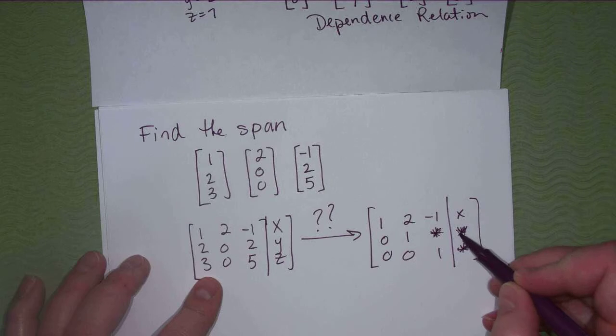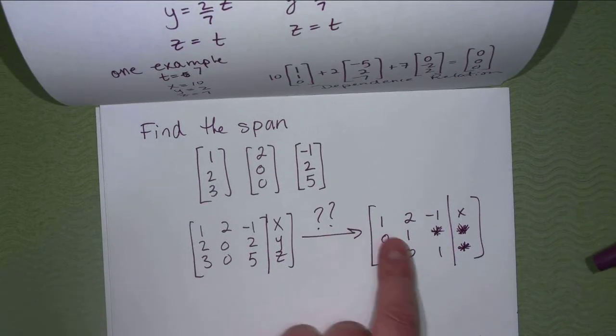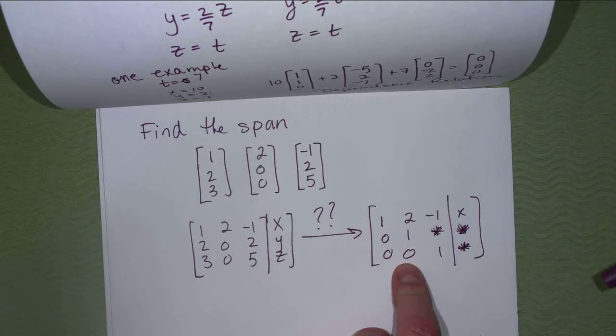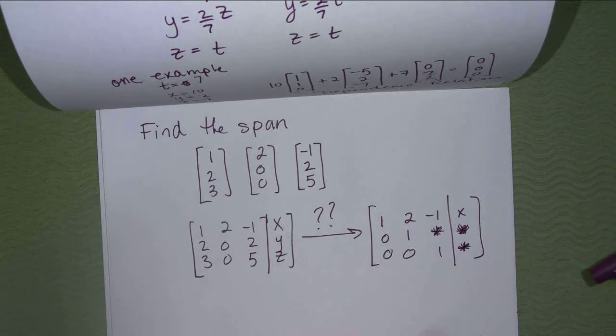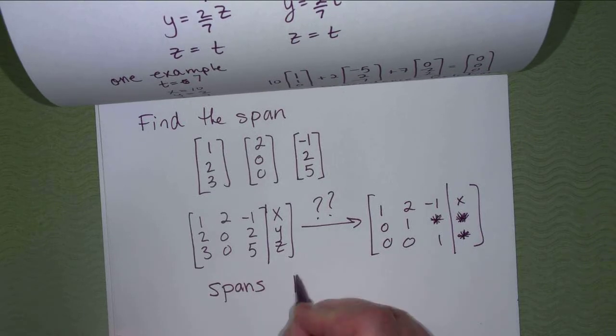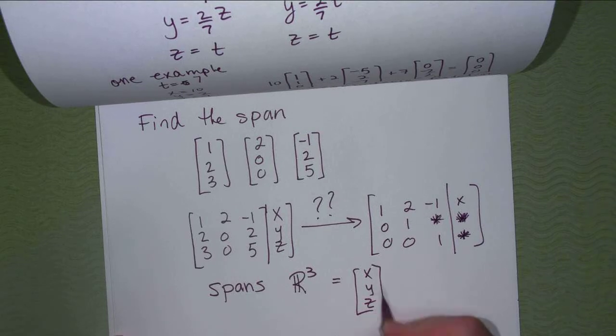They're not all the same, they're just whatever. Do you see there's no row of zeros? When we were doing the span, we were trying to get a row of zeros at the bottom. If you don't get a row of zeros, that just means it spans R3, which means there's no condition. Just put any vector at all in and it would work.